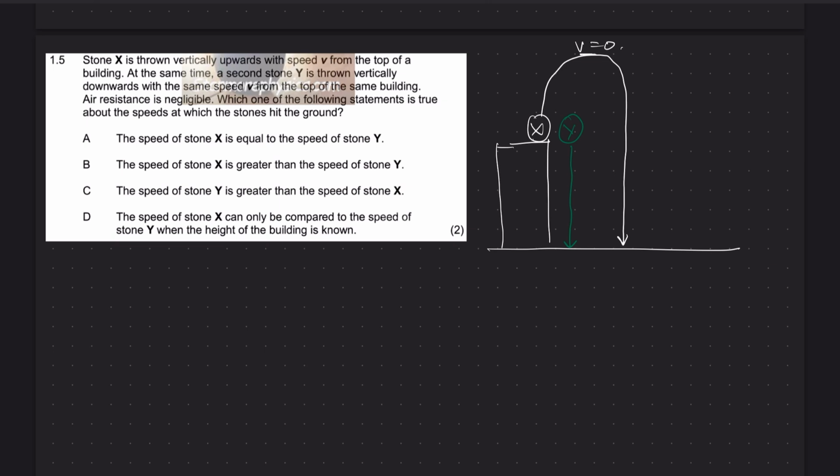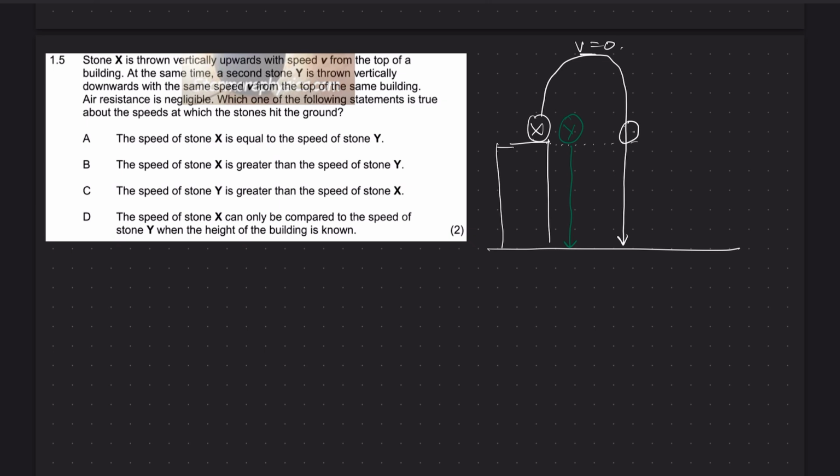And then as it comes back down, once it reaches the point at which it was thrown from, its velocity is going to be the same as its initial velocity, just in the opposite direction.